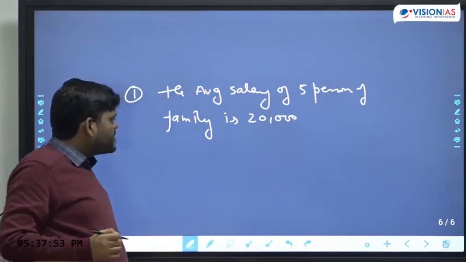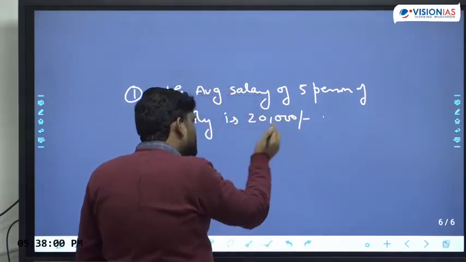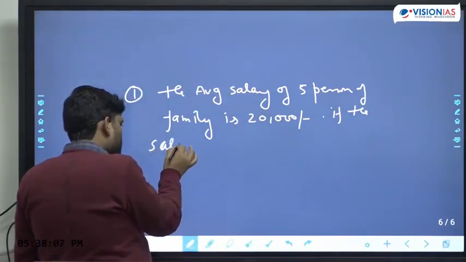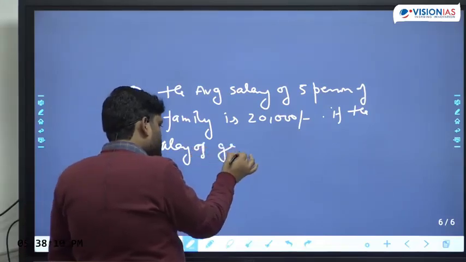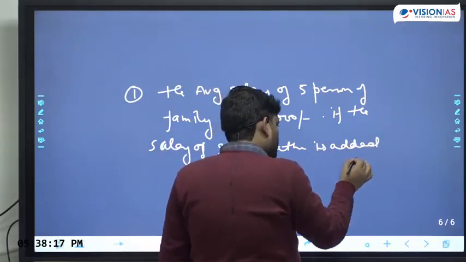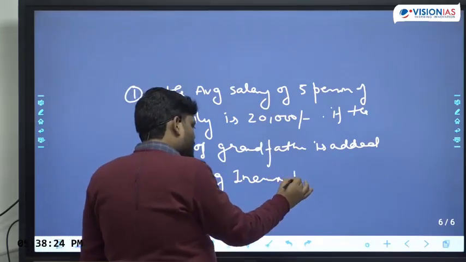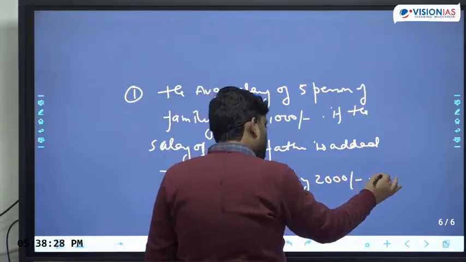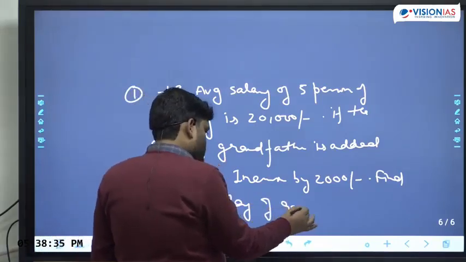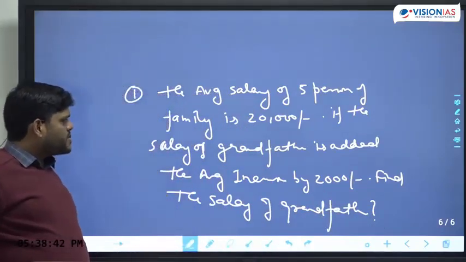The average salary of 5 persons of a family is 20,000.